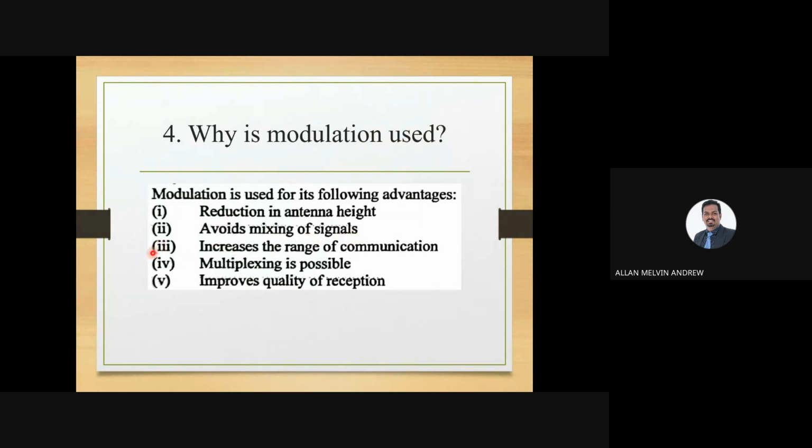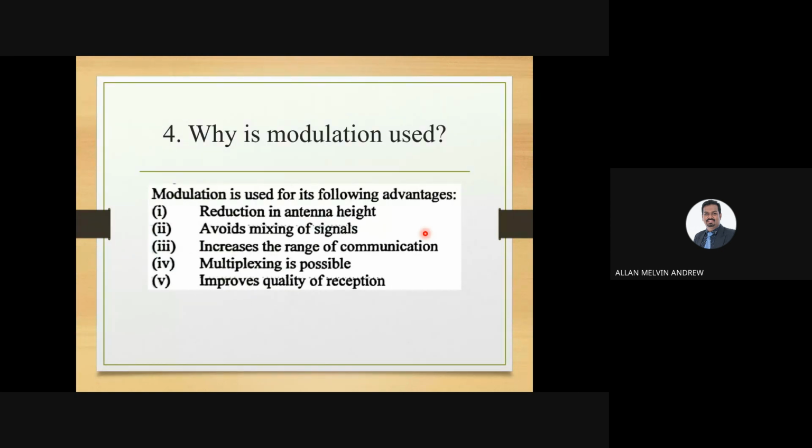The third advantage is it increases the range of communication. When you modulate, you can make the signal travel a better distance. Imagine if you have no modulation, you need very tall antennas for it to communicate, and they must be very near.